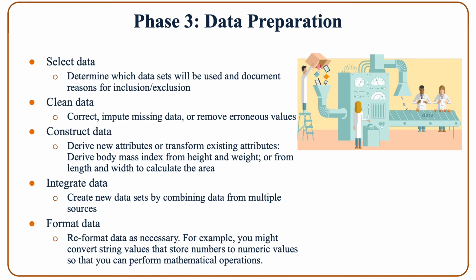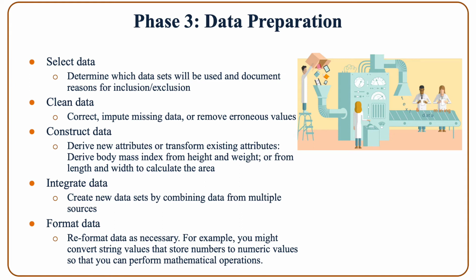The next phase is data preparation. The common rule of thumb is that 80% of the project is data preparation. This phase is referred to as data munging, that prepares the final data sets for modeling. There are 5 tasks. The first task is to select data.